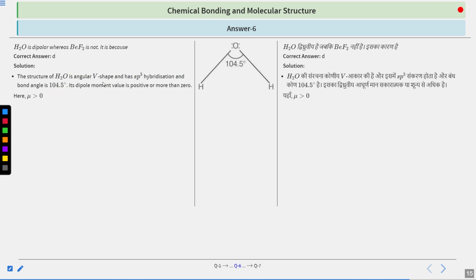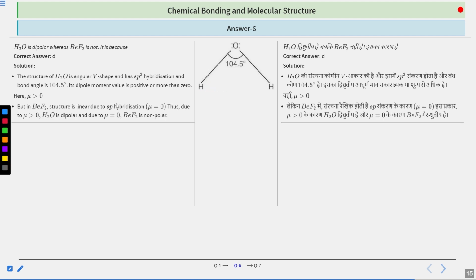But if you talk about BeF2, the structure is linear, because mu is equal to 0 in this case. Thus, due to mu greater than 0, H2O is dipolar, and due to mu equal to 0, BeF2 is non-polar. It is all due to the presence of the lone pair of electrons on the water.